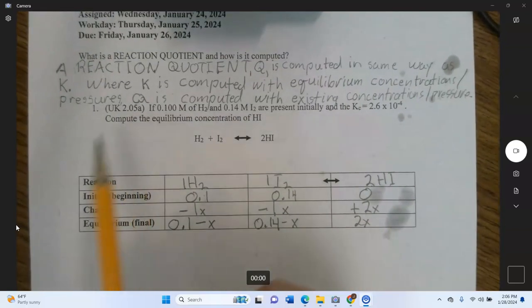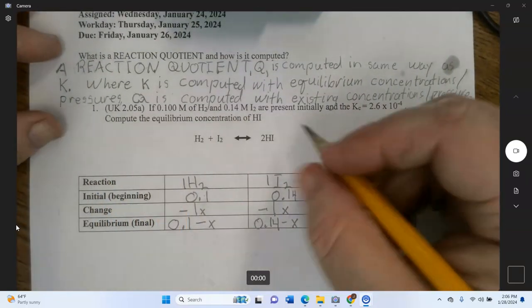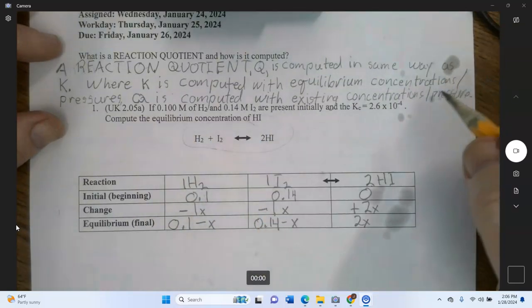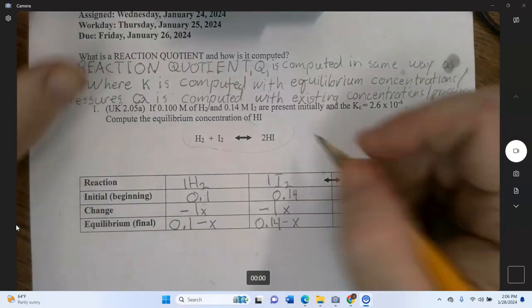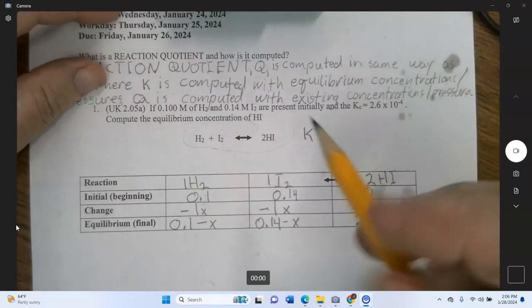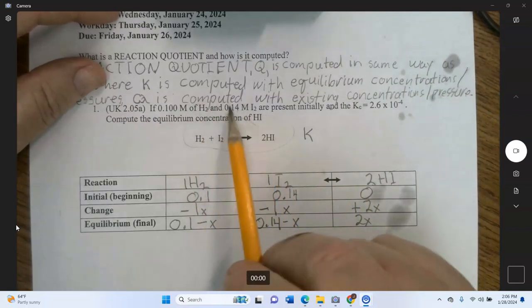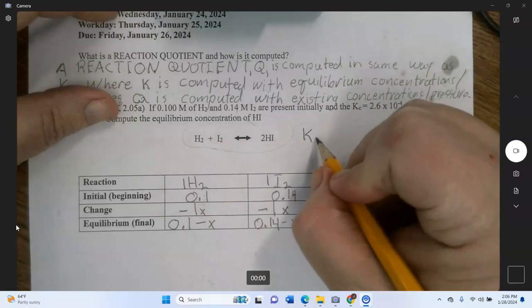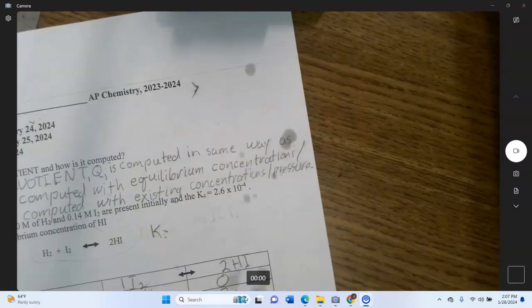Alright, so I'll write the law of mass action up here, and everything here is a gas, although it doesn't state it there. We'll go ahead and write that, so K. However, even gases can be expressed as molarities. They don't have to be expressed as pressures. Okay, so K, concentration.